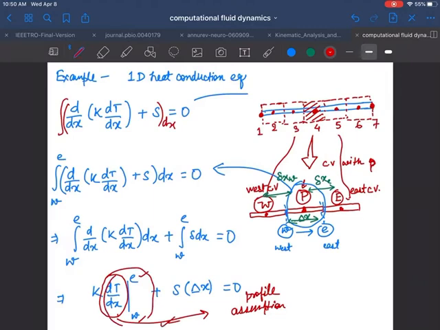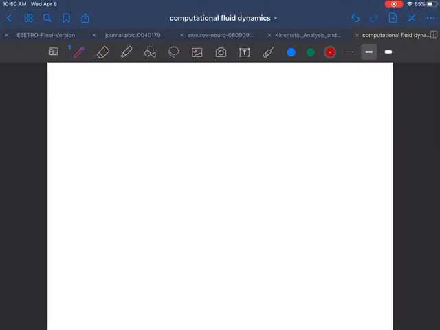So let's look more clearly here. Let's take this example on the next page. This was my P element, P control volume. This was my E control volume. This was my W control volume, and this was my east face, and this was my west face, and this constitutes a control volume, right?